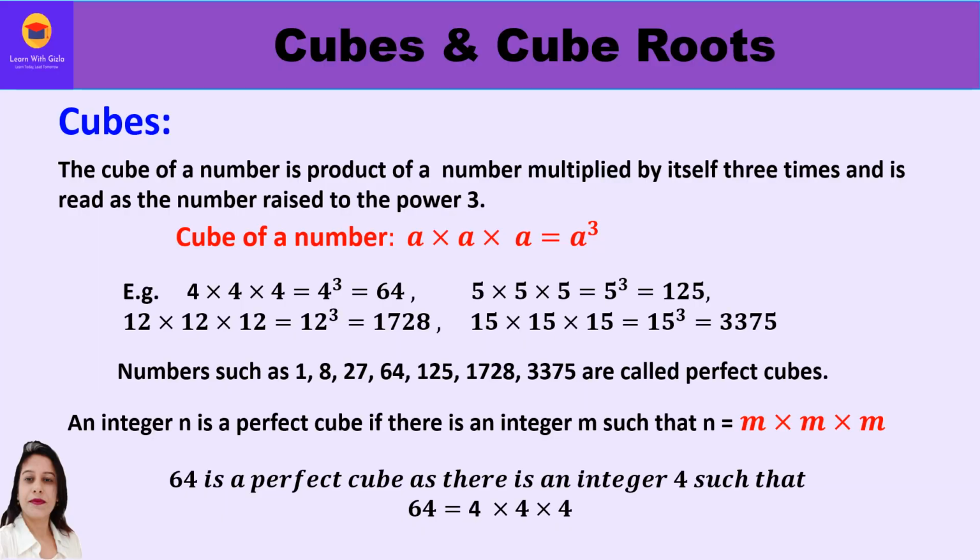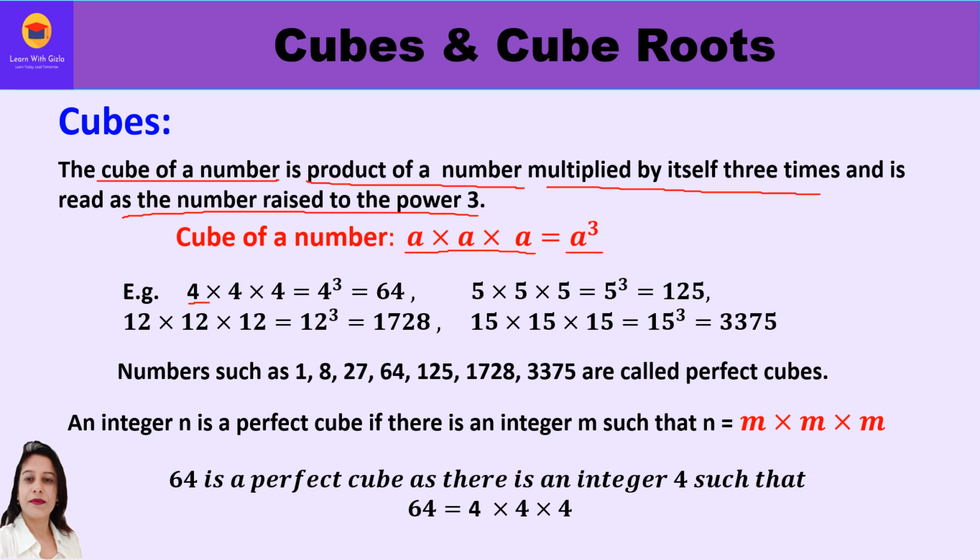What are cubes? The cube of a number is the product of a number multiplied by itself 3 times and is read as number raised to the power 3. Let us assume a number is a. A is multiplied 3 times and we get a cube.